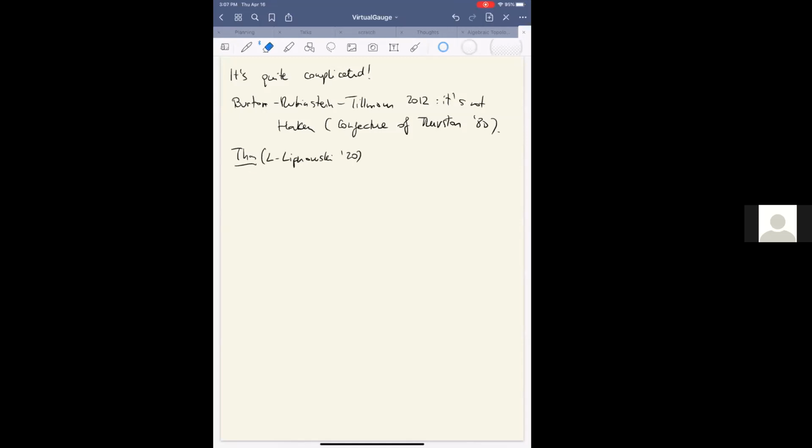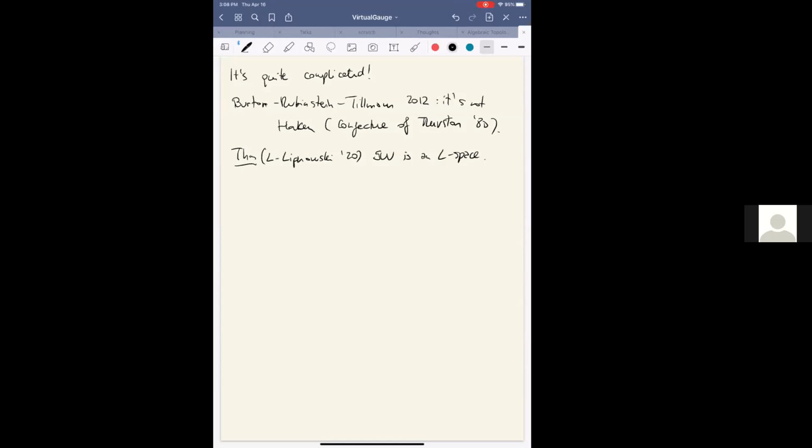So I'll tell you today how to show that this is an L-space. Of course there are many ways in which one could try to approach this theorem, but I'll tell you today a way using hyperbolic geometry.